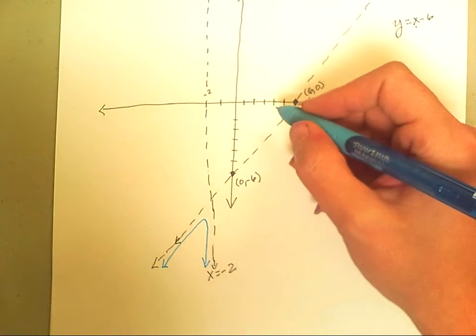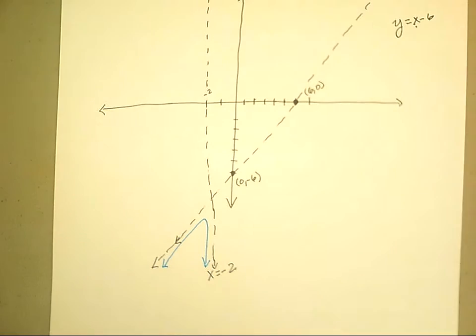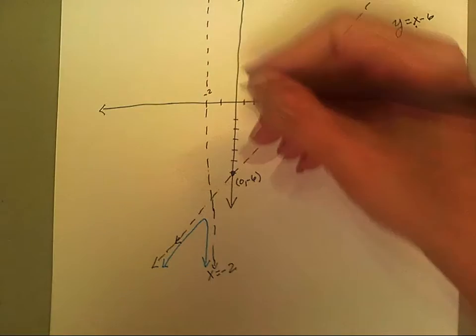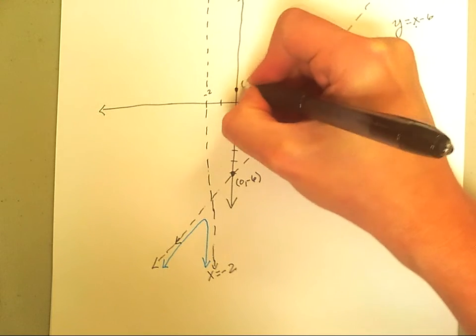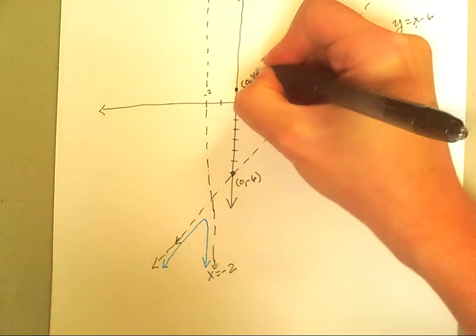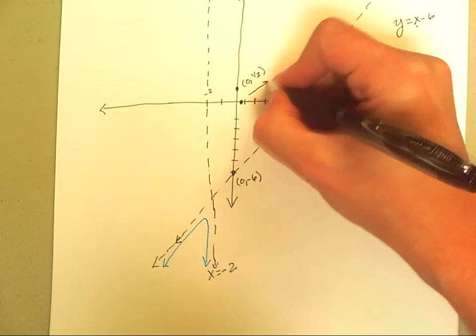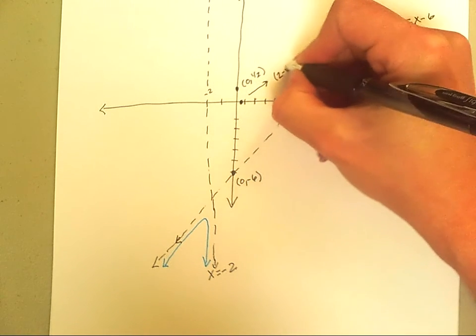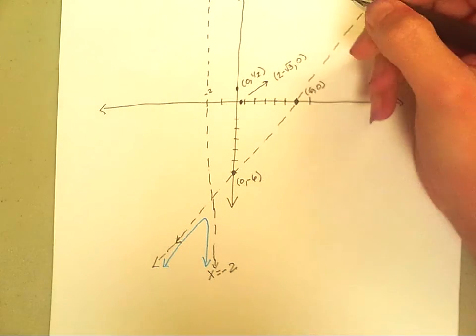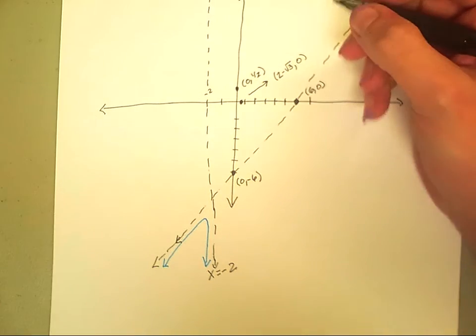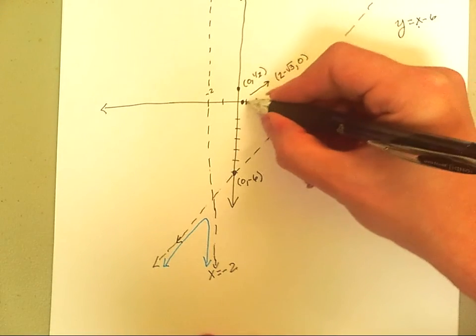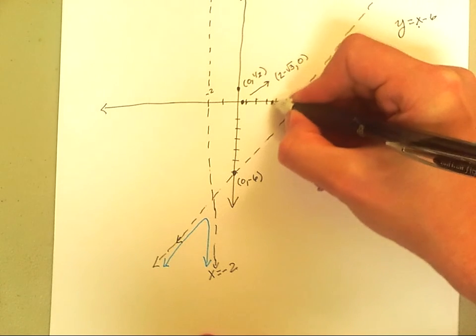Right? Now up here, we know a few points. We know that the y-intercept is 0, comma a half. So we're going to look at that 0, comma 1/2. We also know that there was an x-intercept very, very close to here, which was 2 minus square root of 3, comma 0. And then the other one was 3 and a little bit more. 1, 2, 3 and a little bit more.